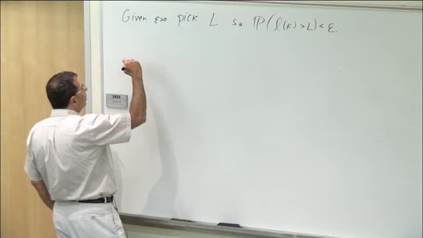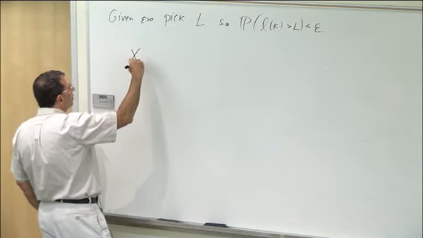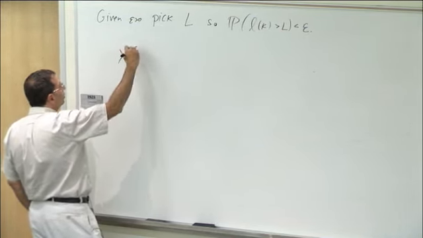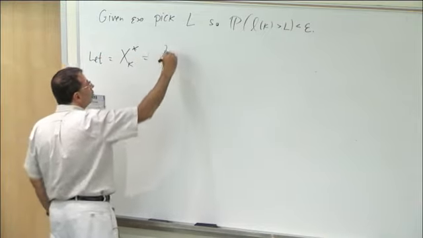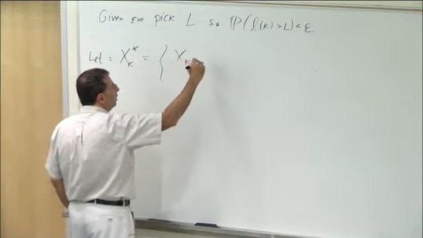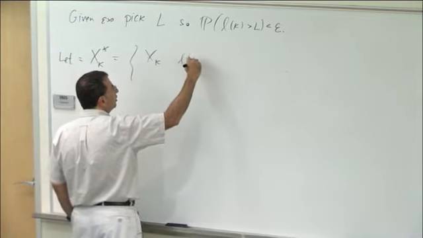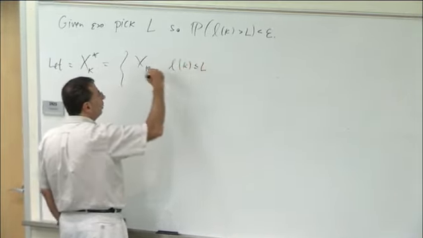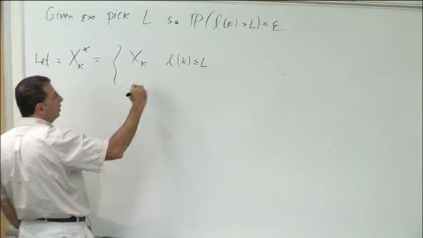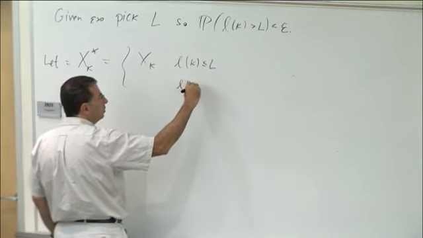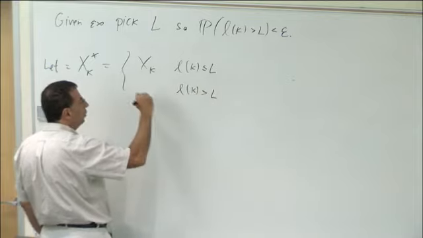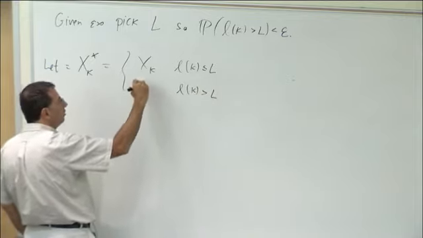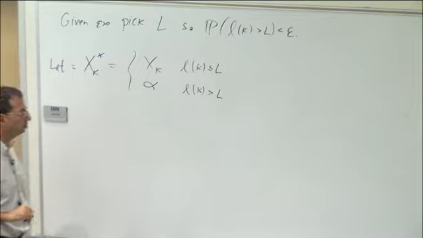And now we want to modify the process. So x_k star will be x_k in the case when L of k is less than L. These are the well-behaved cases. In the bad cases, we look ahead, and if the situation is bad, so we need to wait too long, then we just modify the process and put an alpha here.